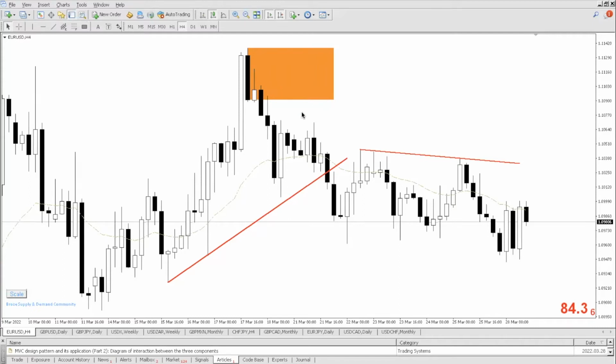All right, and then it keeps on falling, so it didn't immediately go. At first, what you do, you put your sell limit there. Yeah, so it's been falling, and then it created another zone here.